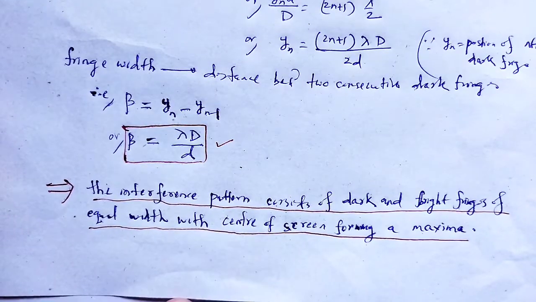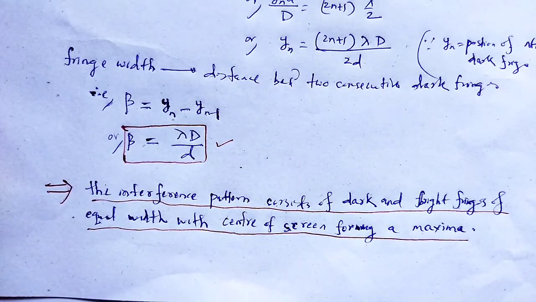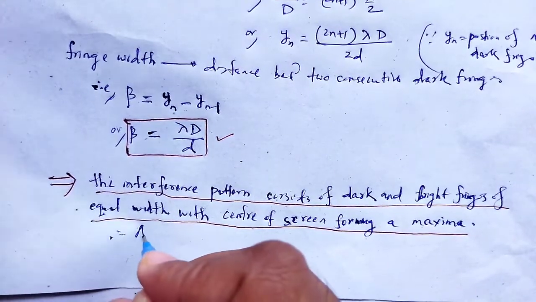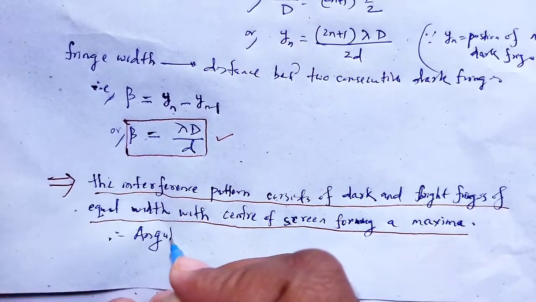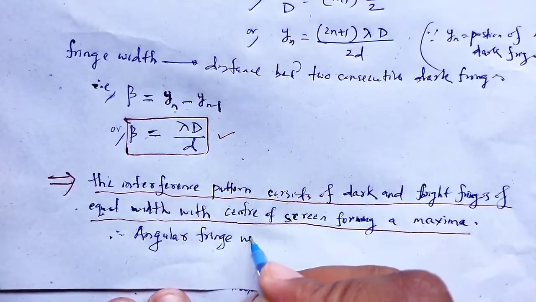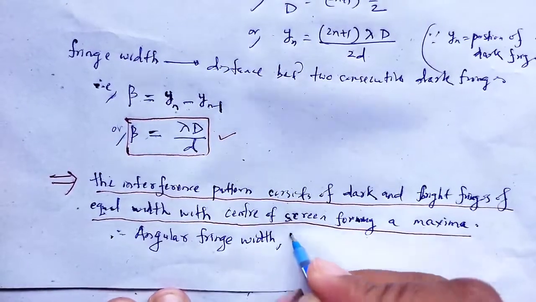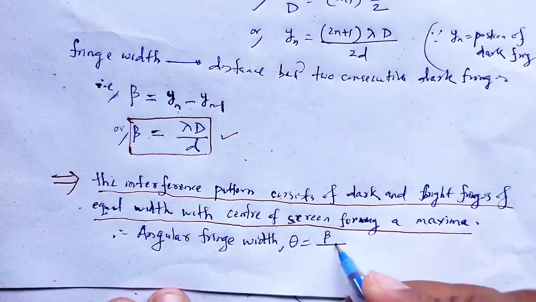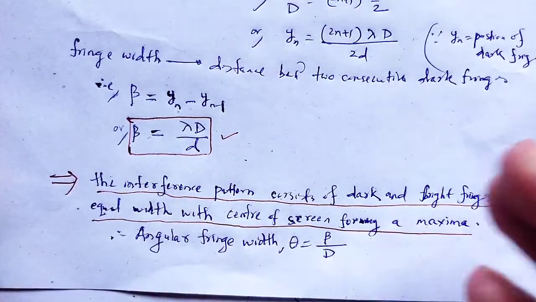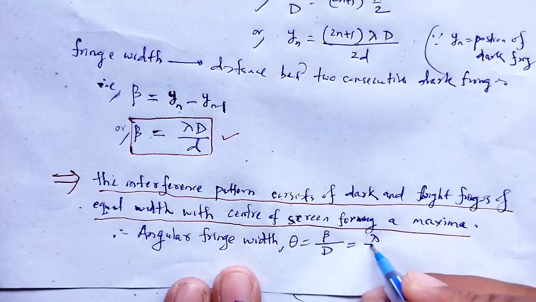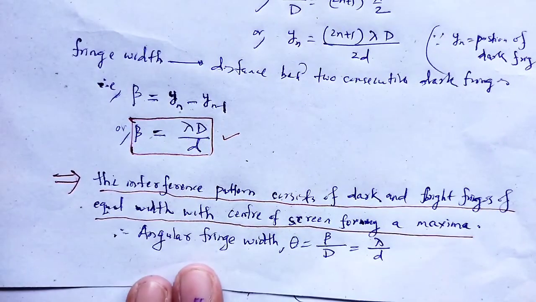And let me define a term, that is angular fringe width. Angular fringe width theta is the fringe width to that of the distance between slit and screen D. Putting these values, we have lambda by d.